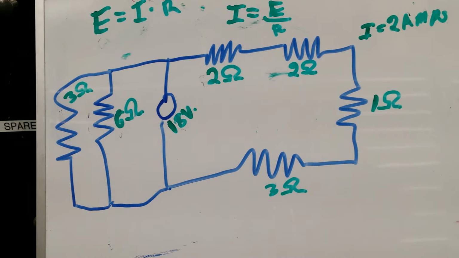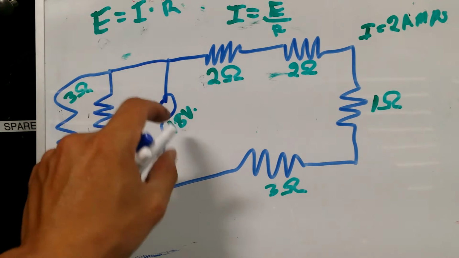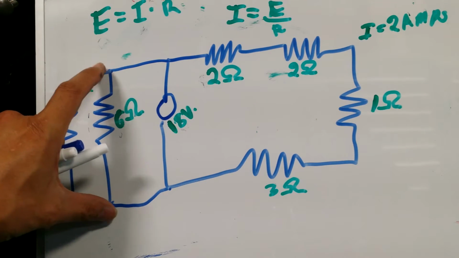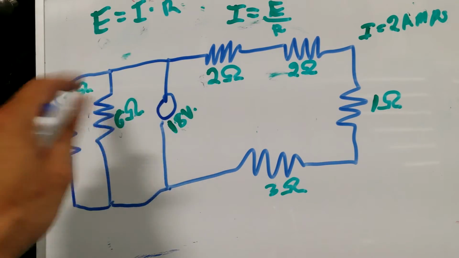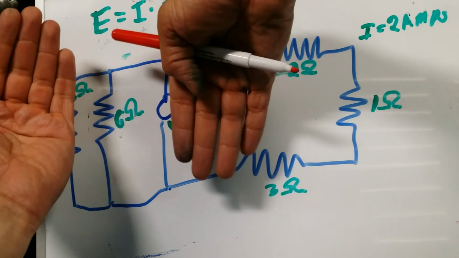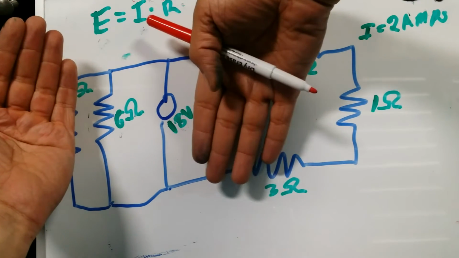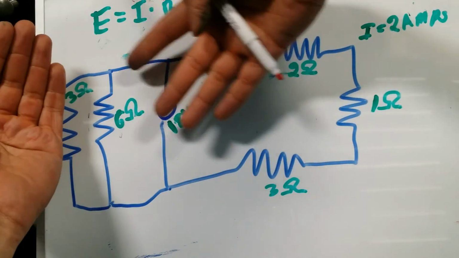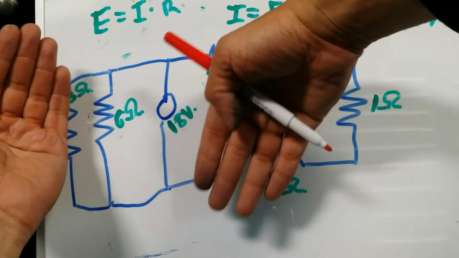All right, now that I have my formula, let's do some calculations. Since this is connected straight into the circuit, if I imagine nothing else was over there, I could clearly see that the power supply is hooked directly across that resistor.